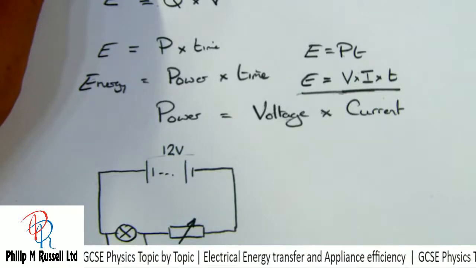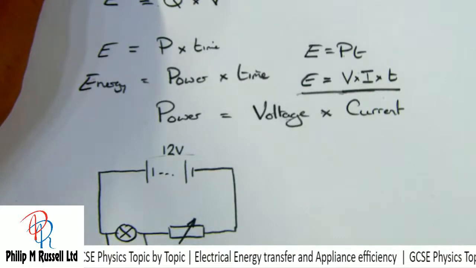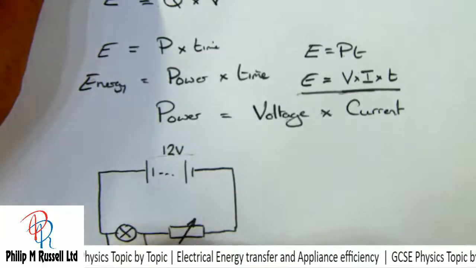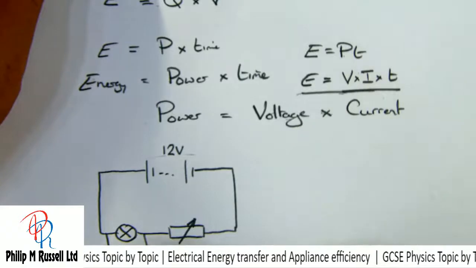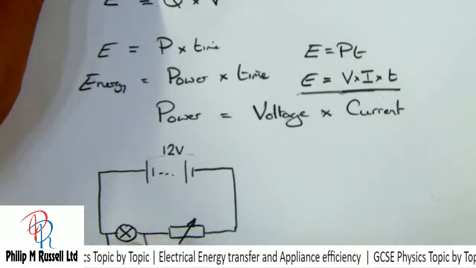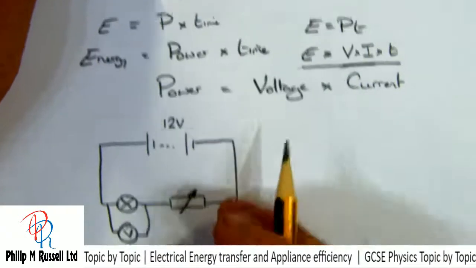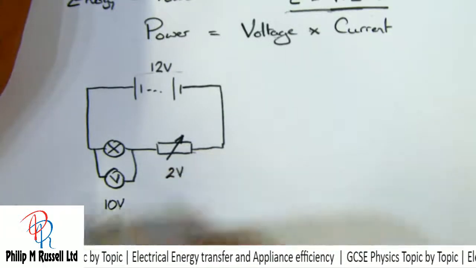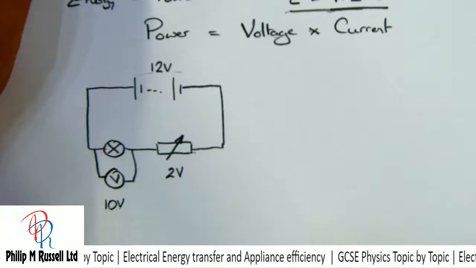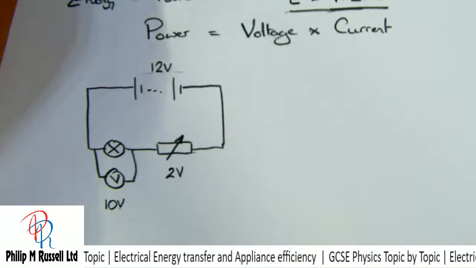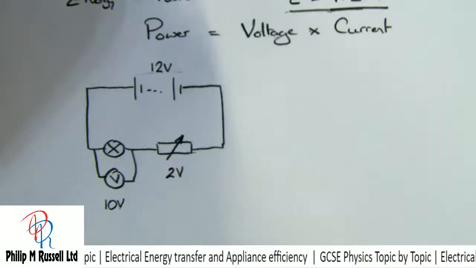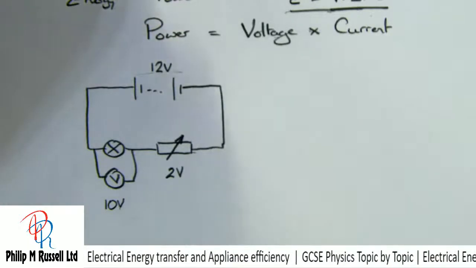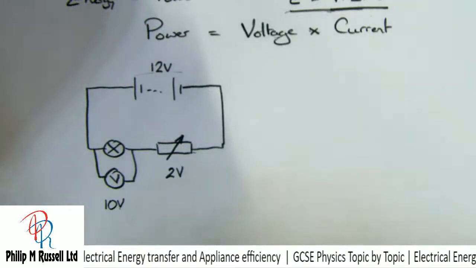So if I've got 10 volts going through here and I've got 12 volts in total, then there would have to be 2 volts worth of, well, I was going to say voltage, but basically we can turn that into joules.